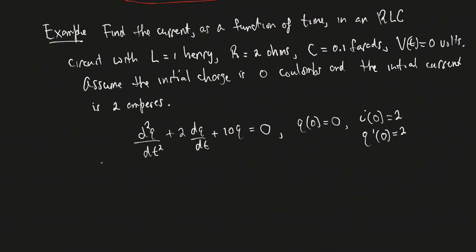So for our ODE, all we need is the auxiliary equation. So here's our auxiliary equation: m squared plus 2m plus 10 is equal to 0.